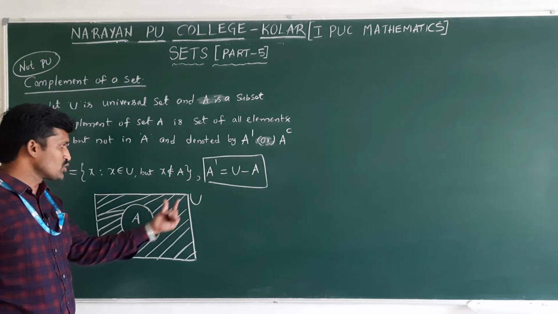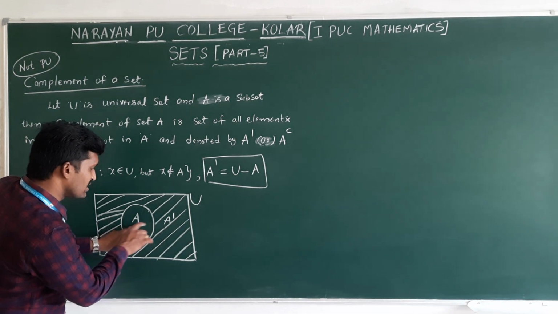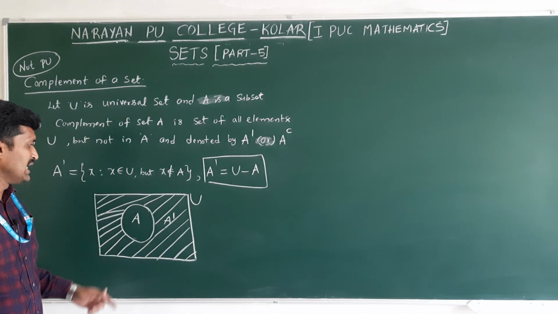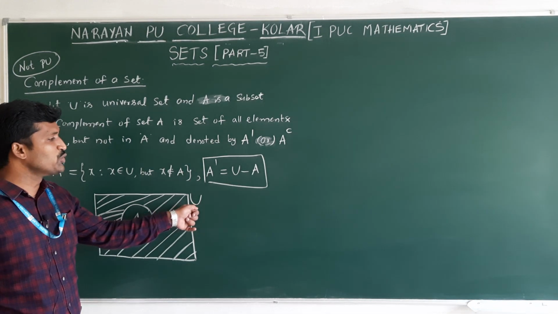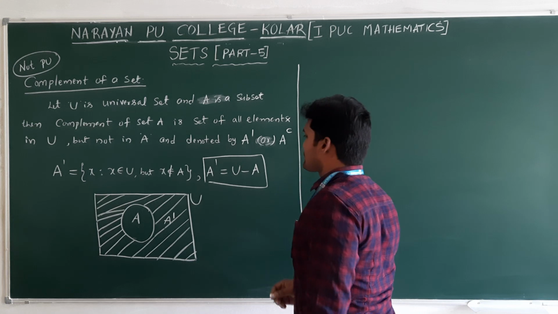If you combine these two, you will get the universal set. And there are no common elements between A and A dash, so the intersection of these two is phi. The union gives the universal set. Clear? This is a very simple logic you can understand.